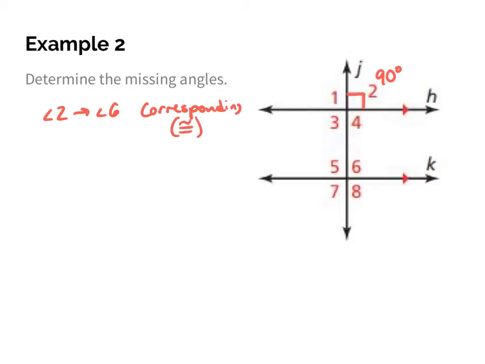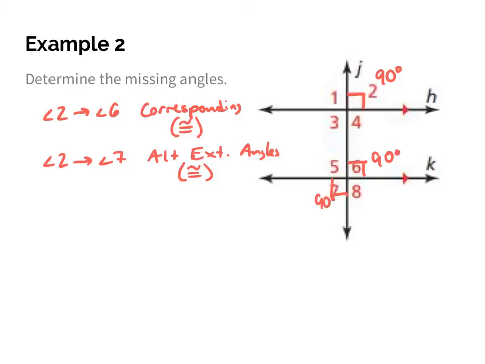So if I know angle 2 is 90 degrees, then I know angle 6 is 90 degrees. I can say angle 2 and angle 7 are alternate exterior angles, and I know that those are also congruent. So I know that angle 7 has to be 90 degrees.